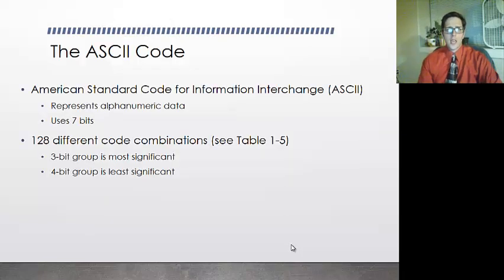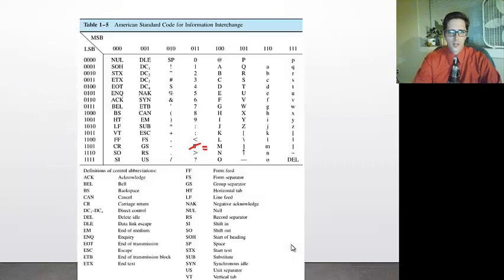So the ASCII, or American Standard Code for Information Interchange, represents alphanumeric data, and it uses 7 bits. There are 128 different code combinations. A 3-bit group is most significant, and a 4-bit group is least significant.